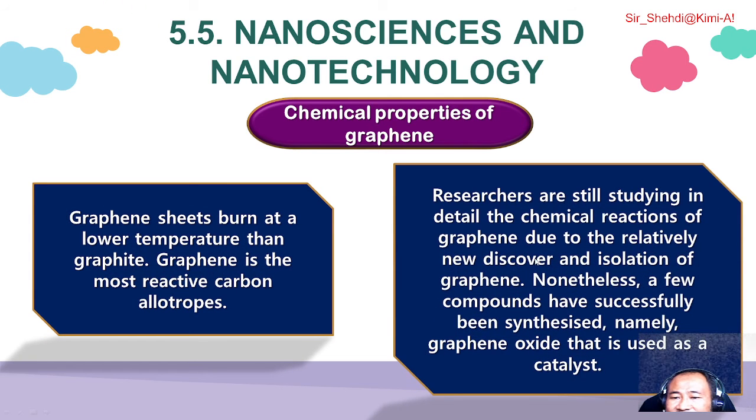Okay, next, researchers still study in detail the chemical reaction of graphene due to the relatively new discovery and isolation of graphene. So that means isolation is pengasingan. Nonetheless, a few compounds have successfully been synthesized, namely graphene oxide that is used as a catalyst.